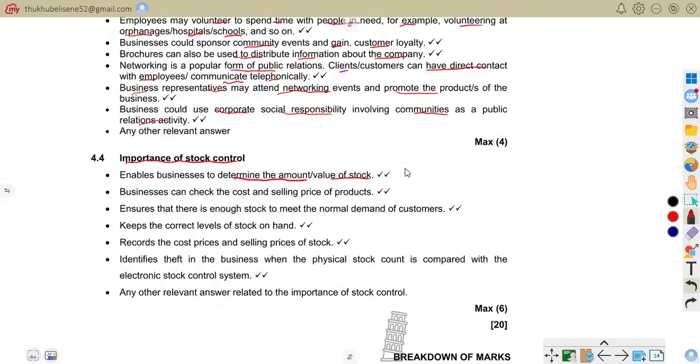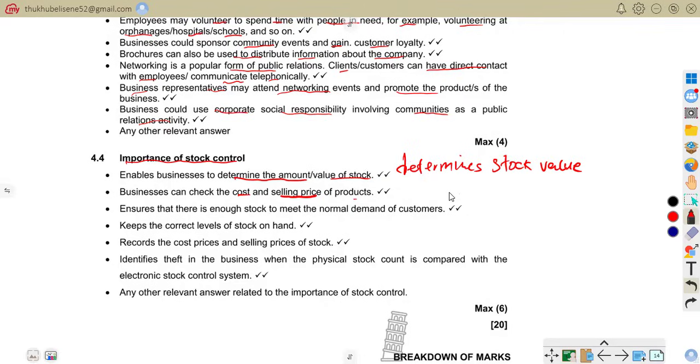It determines stock value. Meaning to say it helps know how much stock is available. Business can check the cost and selling price of products.